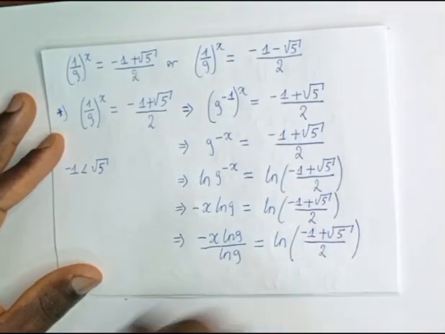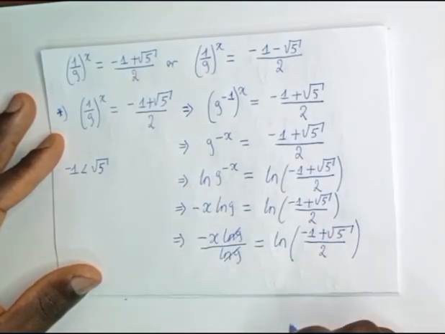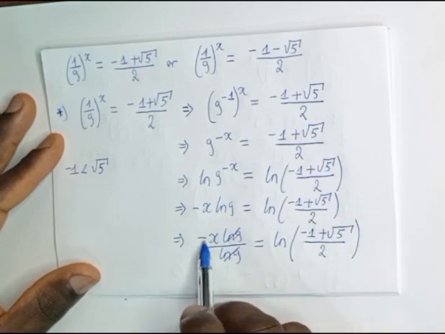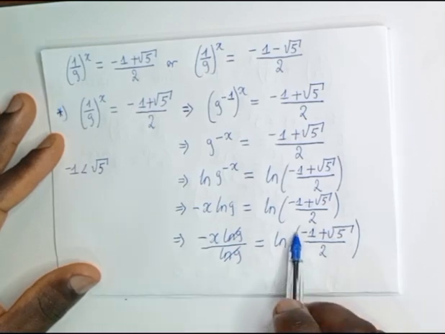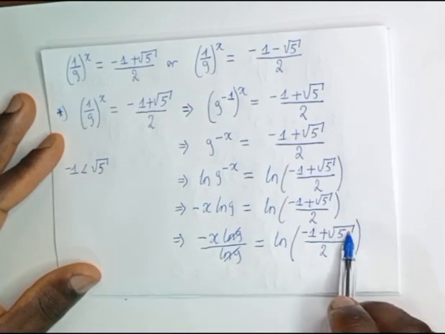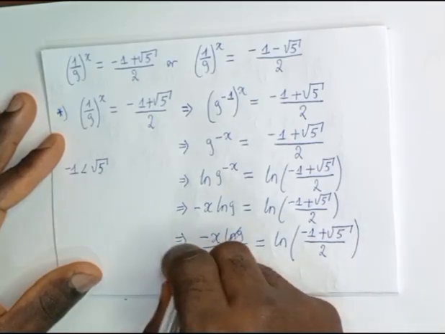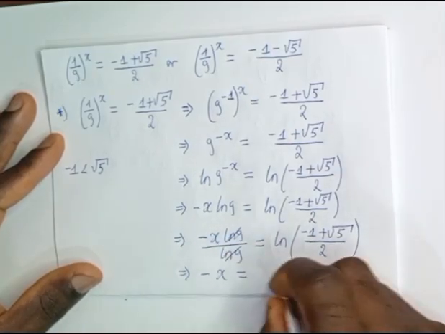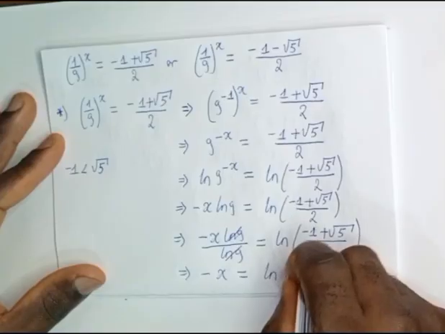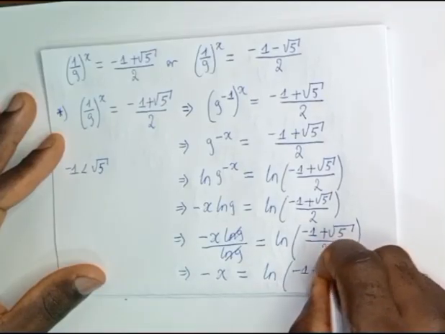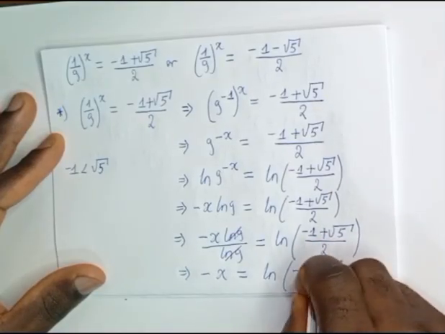Ln 9 will strike off ln 9 at the left hand side. We'll be left with negative x equal to the ln of negative 1 plus root 5 over 2.